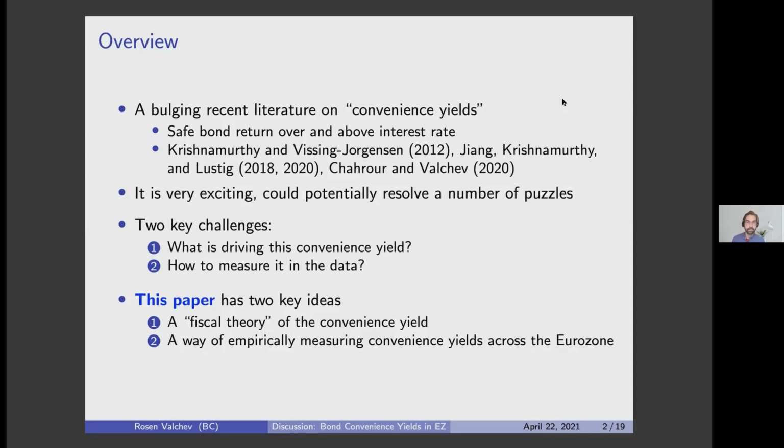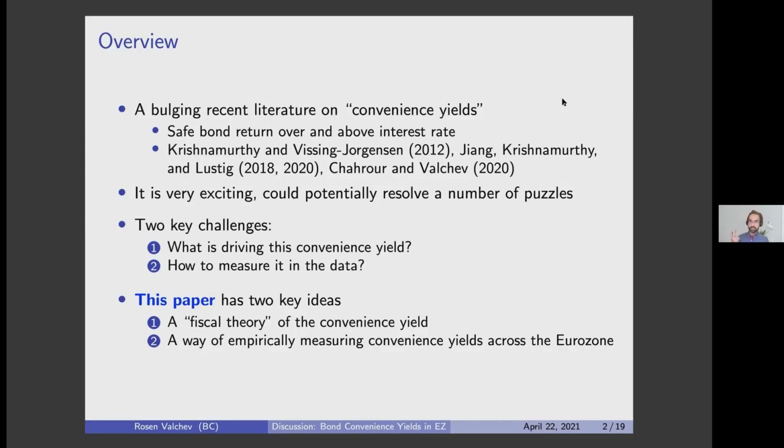Now, this paper has two key ideas. One, it offers us a theory of the convenience yield, which helps put more restrictions on what the behavior of the convenience yield should be in theory. So it's going to tell us something about what should be driving the convenience yield. And number two, it offers a novel way of empirically measuring the convenience yield, exploiting the fact that within a currency union we can have a common risk-free rate, and also that the Eurozone happens to have a liquid CDS market, which is very important.